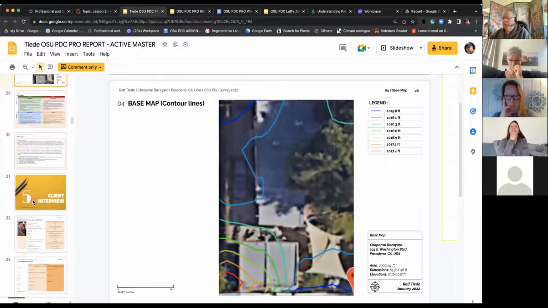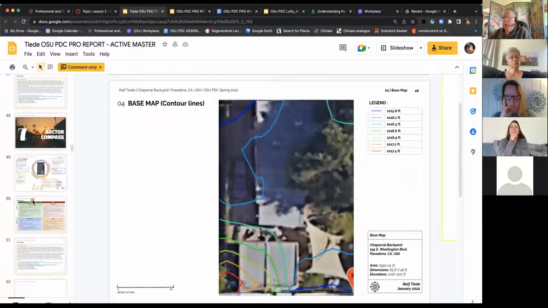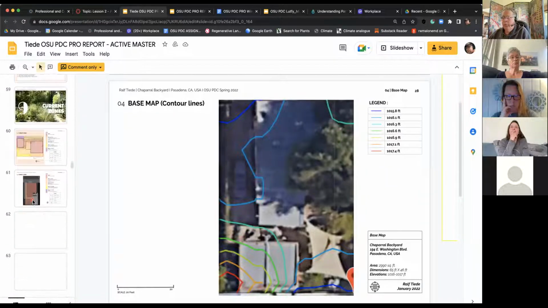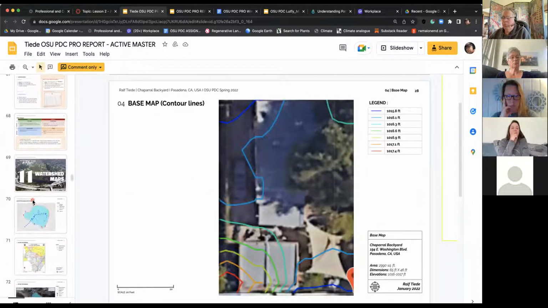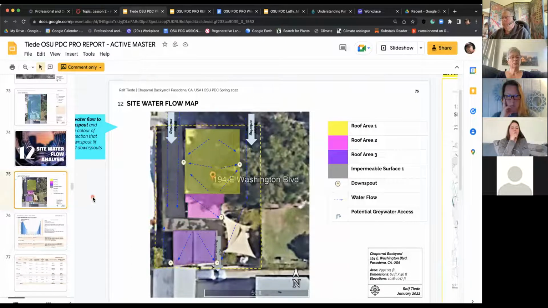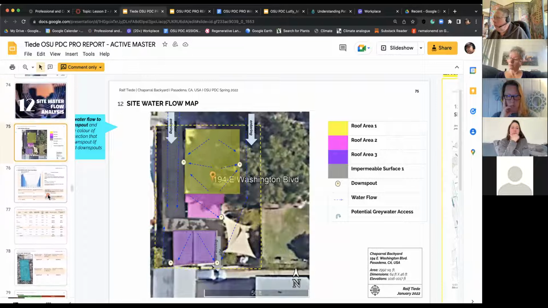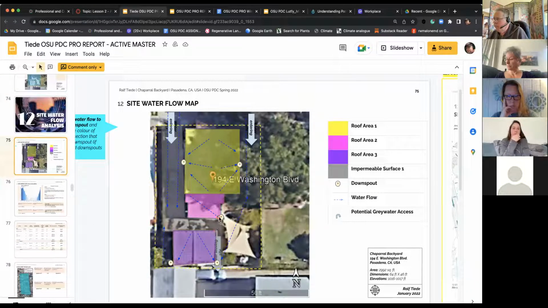So that's one thing that's obvious that jumps out. Let me go to water flows here. Nothing jumps out at me with that. There's also a pattern of some trees here. So that is something else that we could consider.